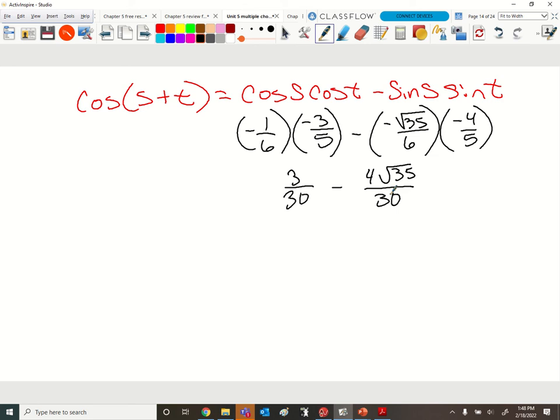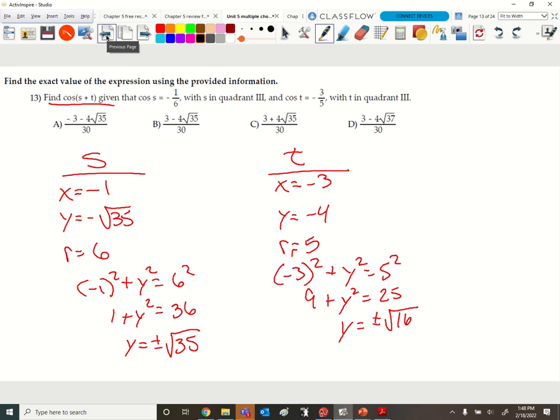So 3 minus 4 rad 35. Right here, B. Is that the answer right there? Oh, wait. 3 minus 4 rad 35, right? All over 30. Okay.